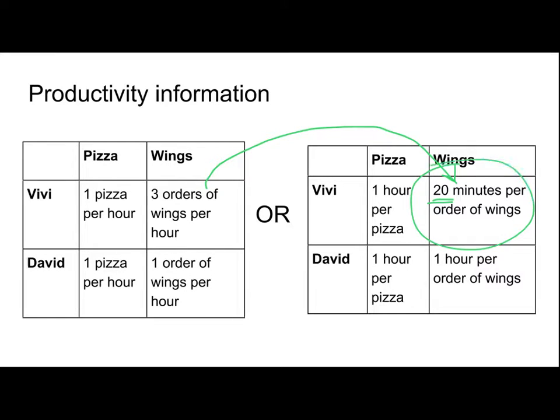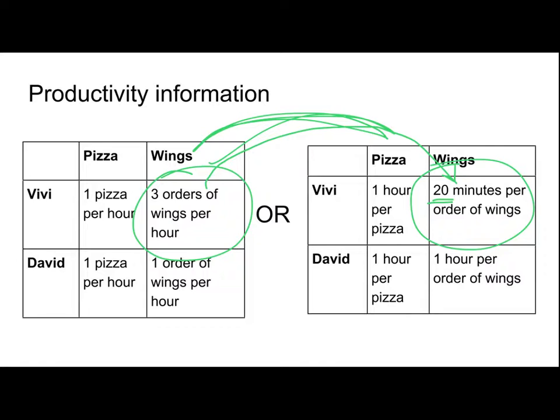This entity, 1/3 of an hour per order of wings, is just the reciprocal of this entity. And it's the same exact information, the same exact calculation of opportunity costs, etc. Just think it through and proceed with the information you have.